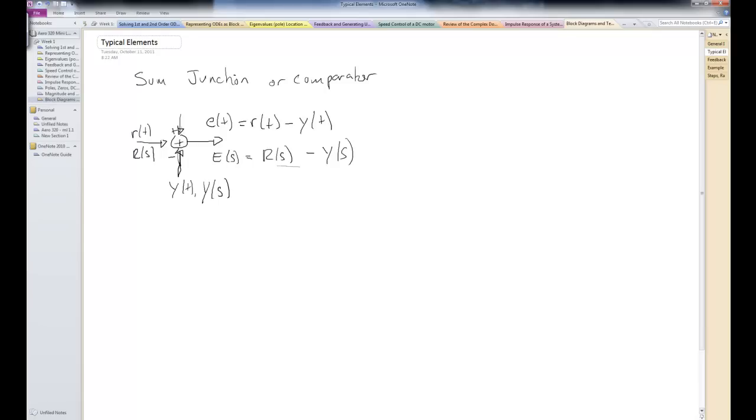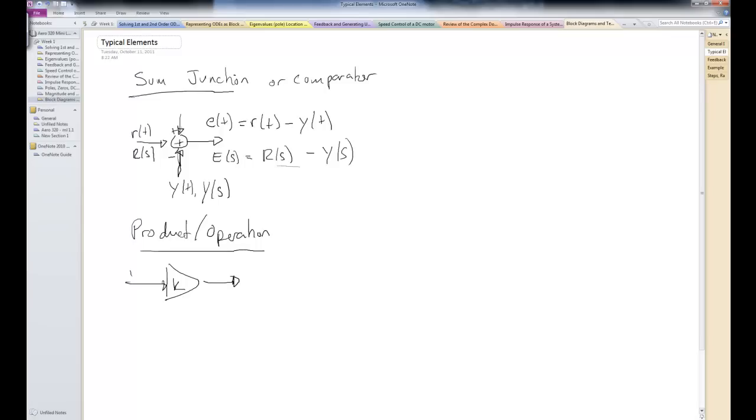The important thing about all this block algebra is that we can think of all this happening in the time or in the frequency domain. So here's your sum junction. The product or operation block is one thing we've been using as a gain, right? In MATLAB, it's this little triangle.